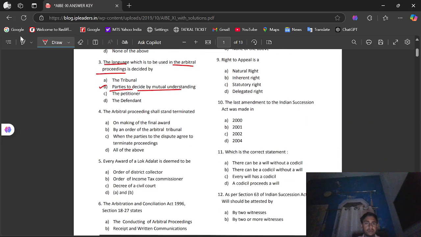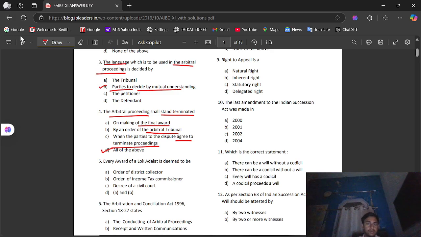Question number 4. The arbitral proceeding shall stand terminated. Option A, on making of the final award. Option B, by an order of the arbitral tribunal. Option C, when the parties to the dispute agree to terminate proceeding. Option D, all of the above. Its right option is option D, which is all of the above.